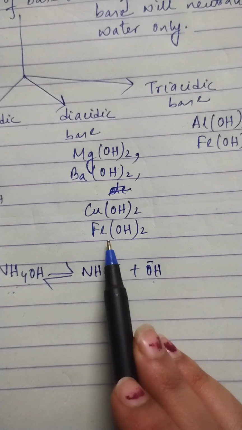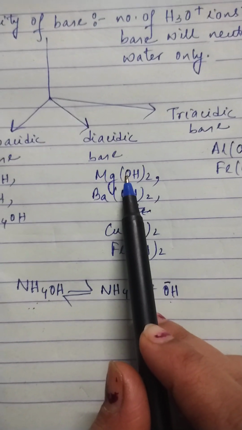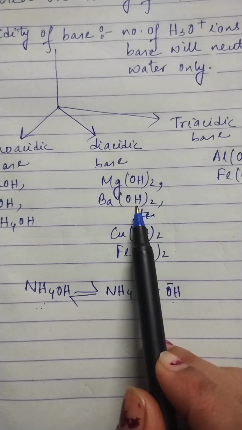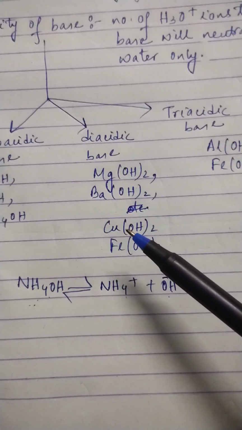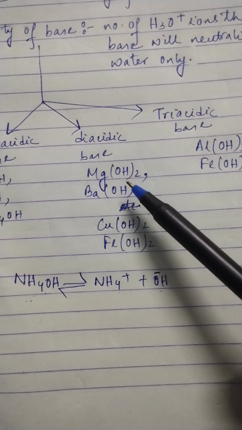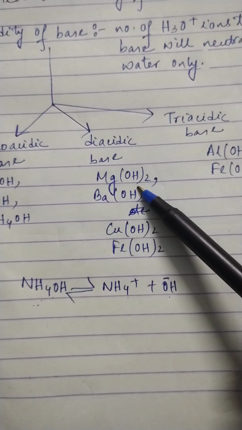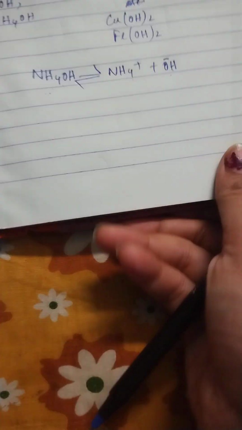Diacidic base, for example ferrous hydroxide, copper(II) hydroxide, magnesium hydroxide, barium hydroxide, calcium hydroxide. All these are diacidic bases because on dissociation in aqueous medium they produce 2 hydroxide ions. That means 2 hydroxide ions per molecule of the base are available.